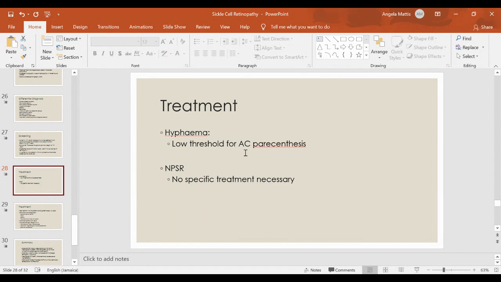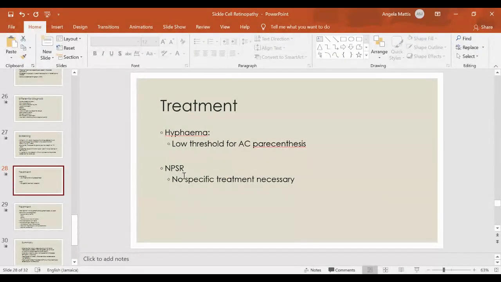So we treat hyphemas slightly differently when we know the patient has sickle trait or sickle cell disease, because of the very sensitive optic nerve and the way they end up with extremely poor vision due to optic atrophy.